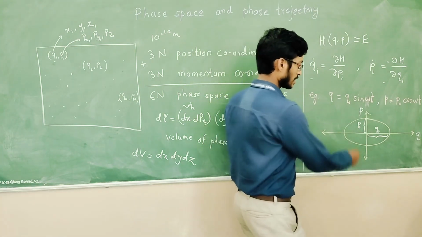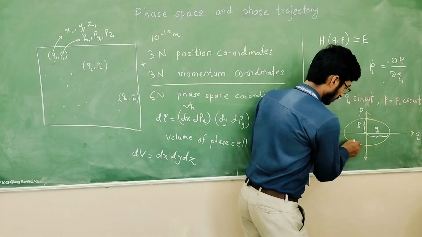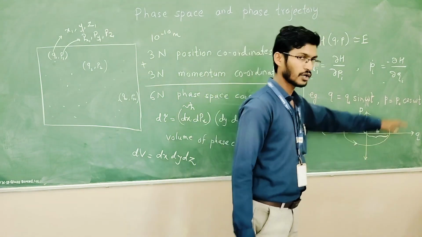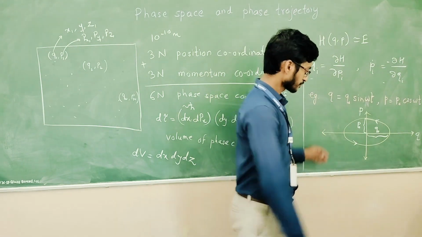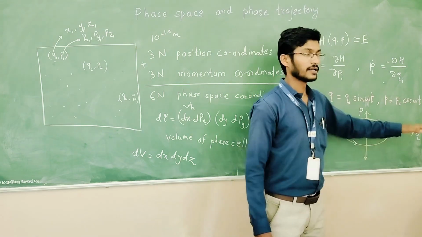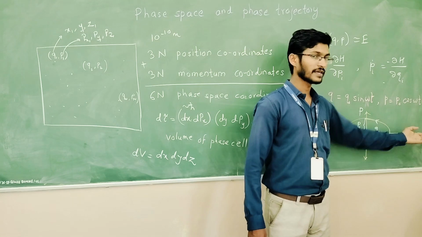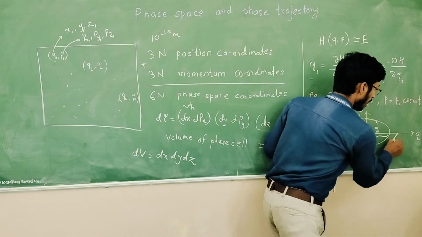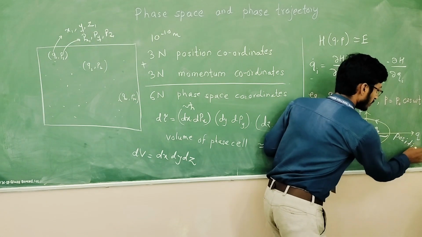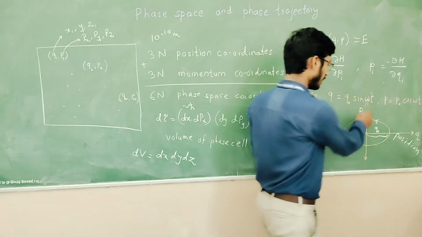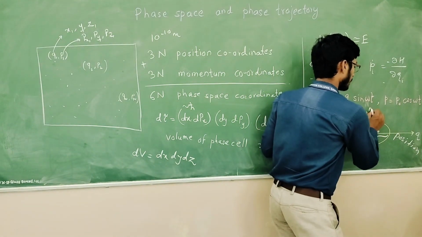You can see this is a phase trajectory. It also has arrows, but we are not concerned about this right now. Usually we have the x versus y axis. Here on the horizontal axis we have all the position coordinates, while on the vertical axis we have the momentum coordinates.